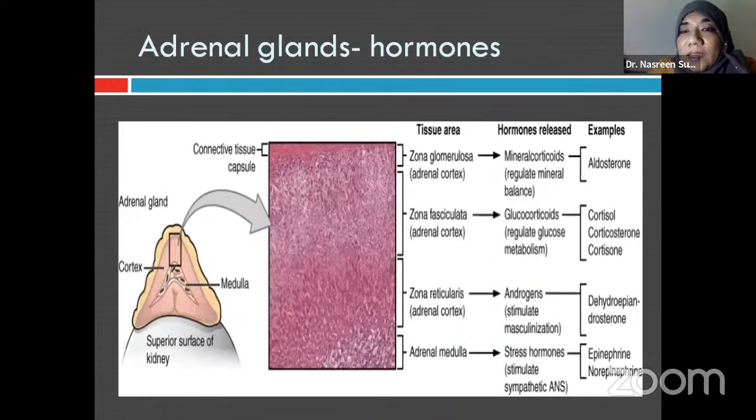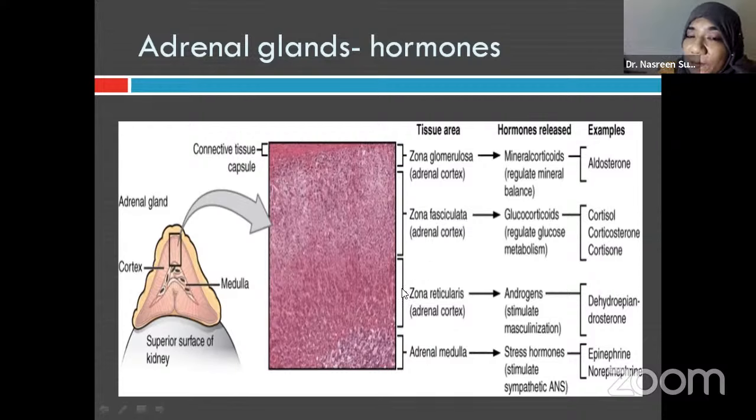Coming to the adrenal glands, what are the different types of hormones released and what is their function? Usually the adrenal gland has three types of areas or cells. Zona glomerulosa releases mineralocorticoids, for example aldosterone. The second type, zona fasciculata, releases glucocorticoids, and the examples are cortisol, corticosterone, and cortisone.